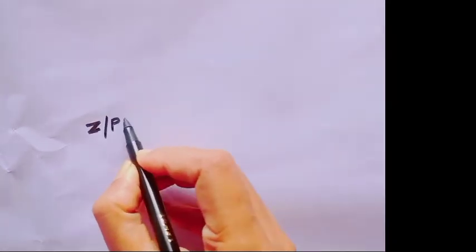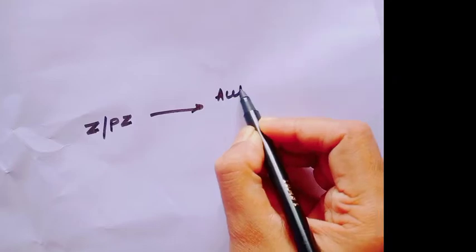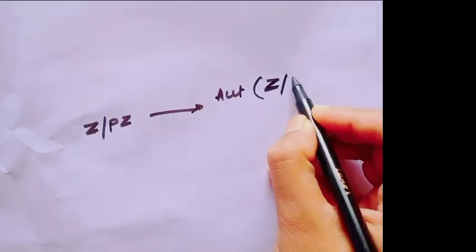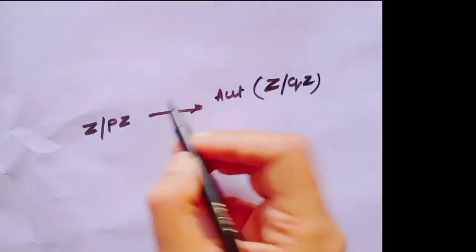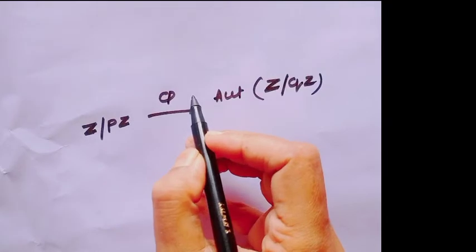And the homomorphism looks like this: there exists a homomorphism phi from Z mod PZ to the automorphism group of Z mod QZ, and this homomorphism is considered as phi.